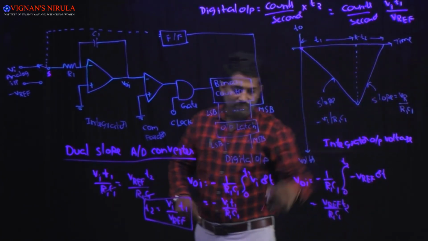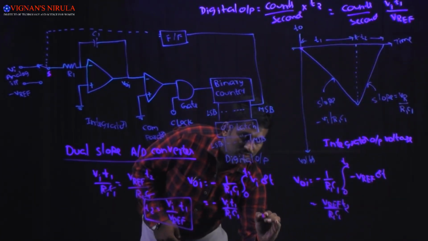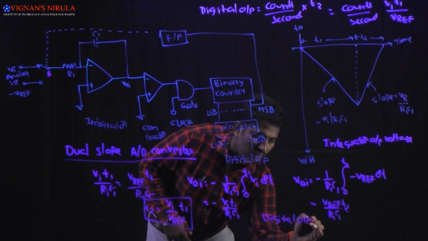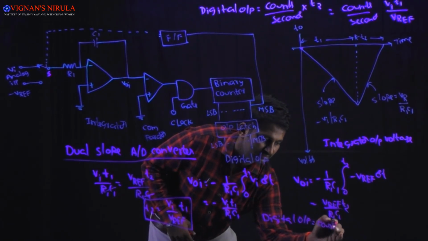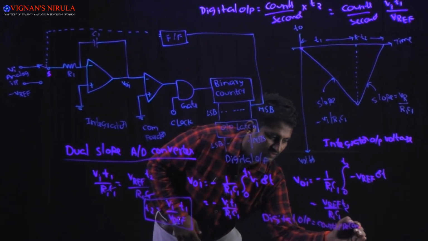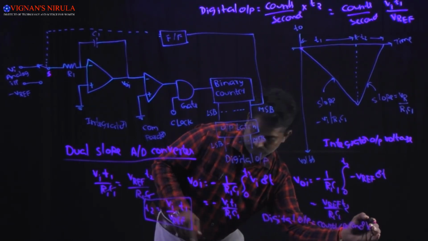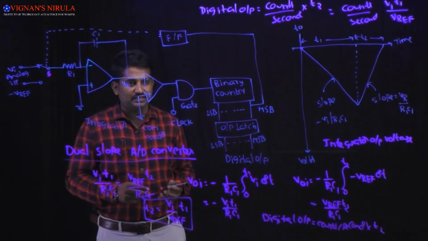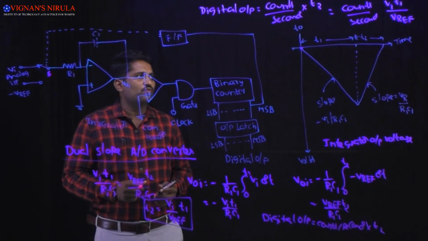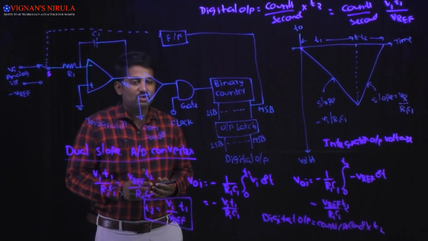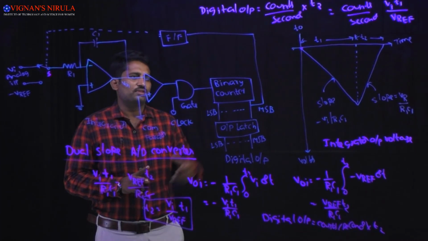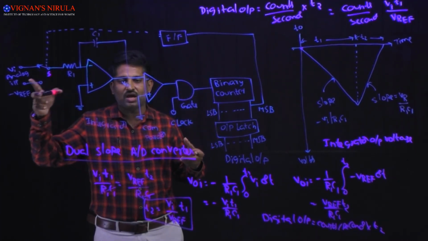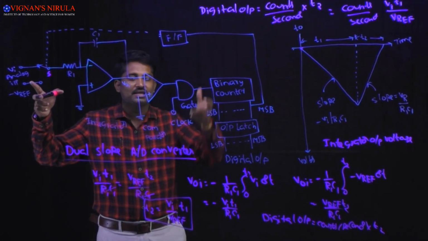Once again, digital output is equal to counts per second into T2, and substituting the value of T2, we get counts per second into Vi into T1 divided by V reference. So the exact digital output of the applied analog input voltage is obtained.